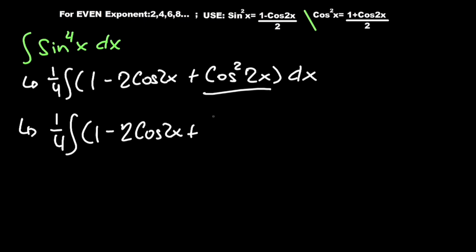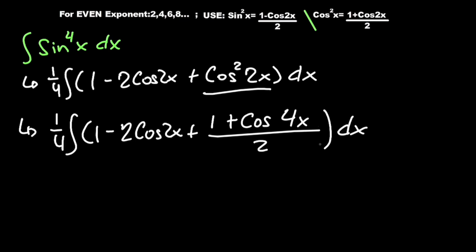Rewrite this as 1 plus cosine of twice of x, which is 2x over 2. 2 multiplied by 2x would be equal to 4x. And so, we must simplify this.